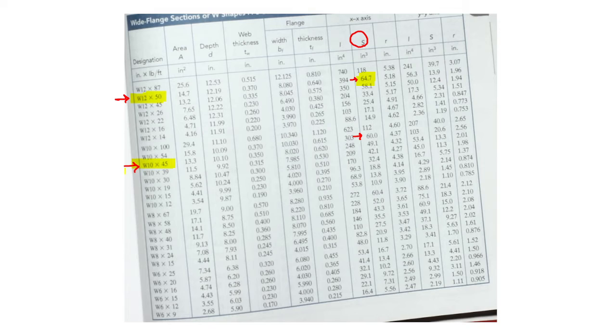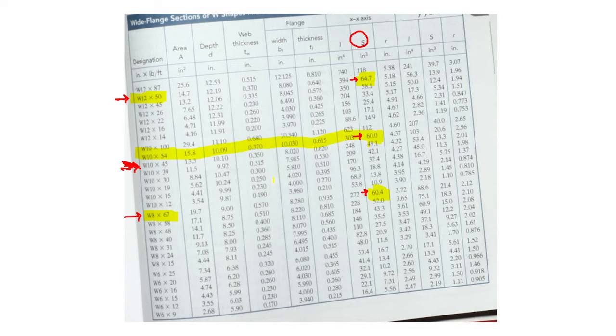W10 times 45, a 54. The other one is W8 times 67, that's 60.